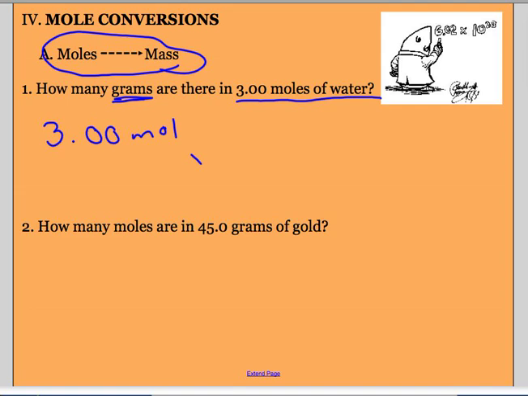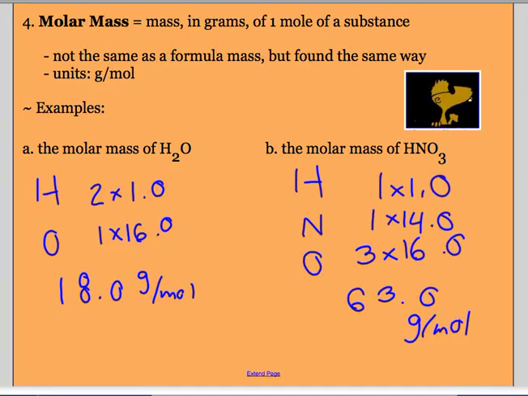Now, we need a conversion factor that takes us from moles to grams. And if you just think about what we just talked about, and I'll come right back to this, is molar mass. So we need the molar mass of water, which we, by happenstance, just already found.